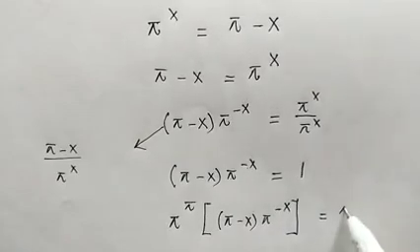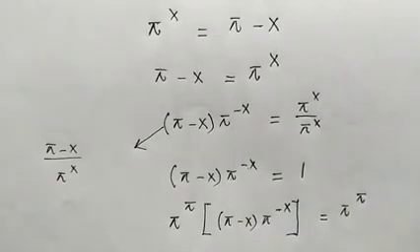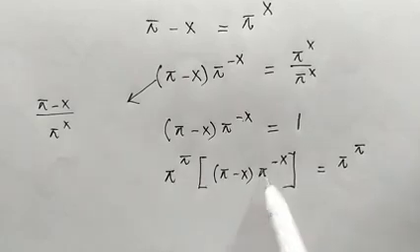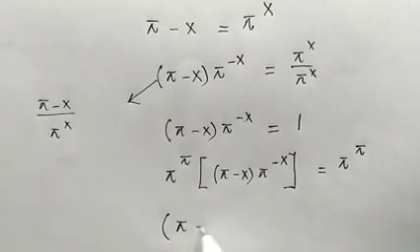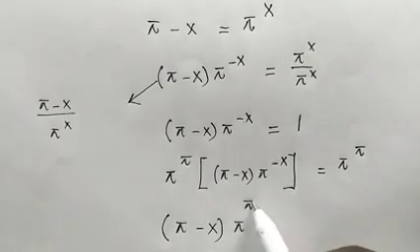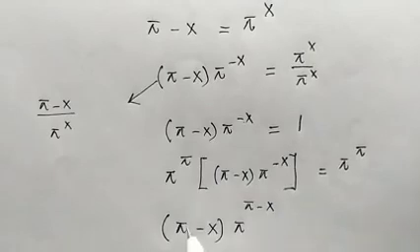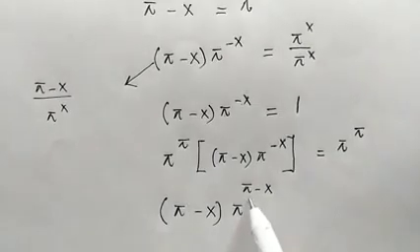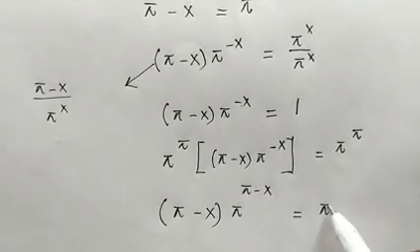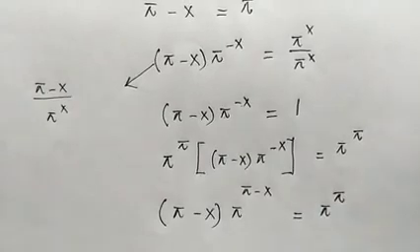So this will be equal to pi raised to the power of pi times 1, which is pi to the power of pi. So multiply this one and this one, we add the powers, right? So we have here pi minus x multiplied by pi raised to the power of negative x plus pi is same as pi minus x. So we can see that this expression in the bracket is equal with this power of pi. So this will give us pi raised to the power of pi.